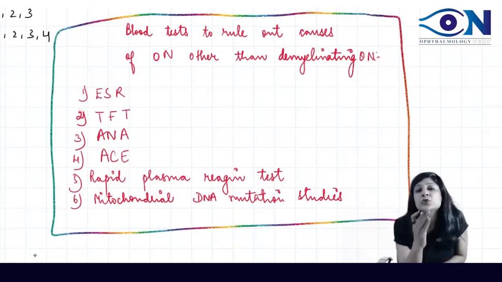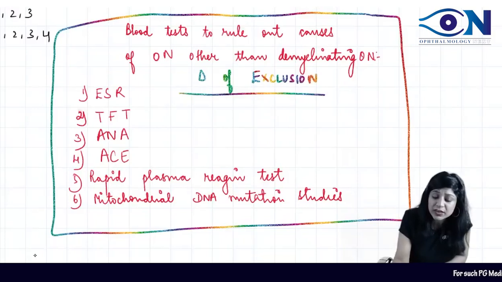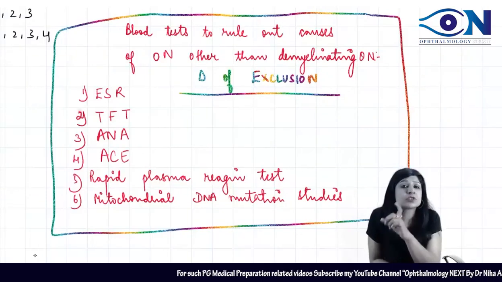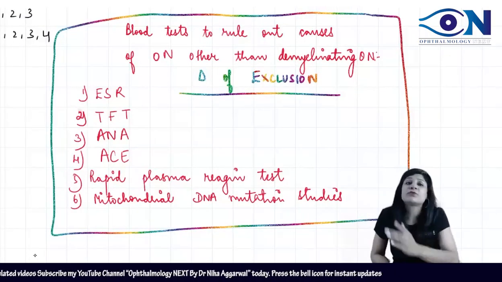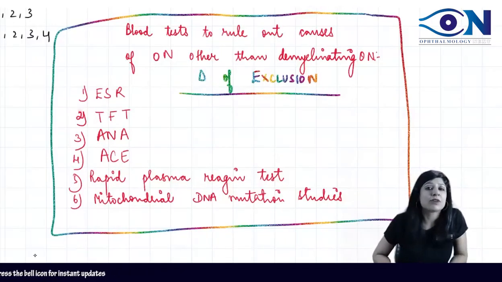Basically, optic neuritis is a diagnosis of exclusion. This is a very important piece of information which you should take down. So before making a diagnosis of optic neuritis, you have to rule out certain things, and in order to rule those out, you have to do certain tests.